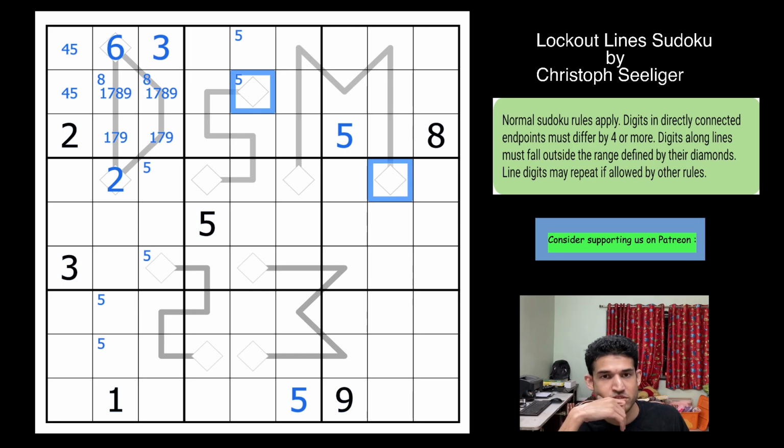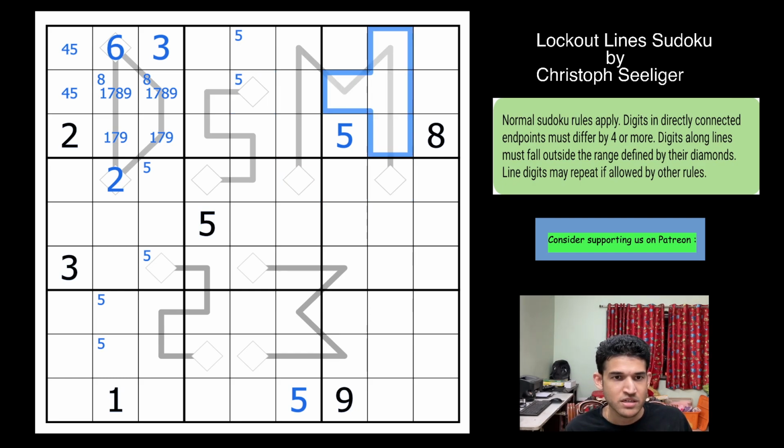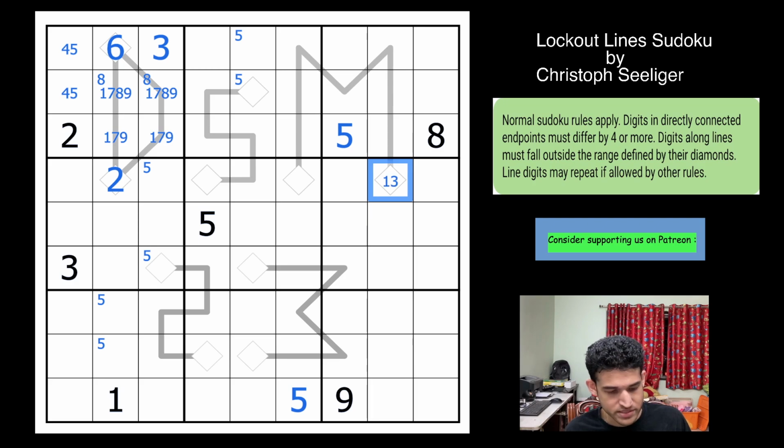So which is the most restricted cell after this? I guess these 2 will be restricted because 4 distinct digits. Let me write all the possibilities. This will be 1, 3, 4, 5, 6, 7, 8, 9. And this will be 1, 3, 4, 6, 7, 8, 9.